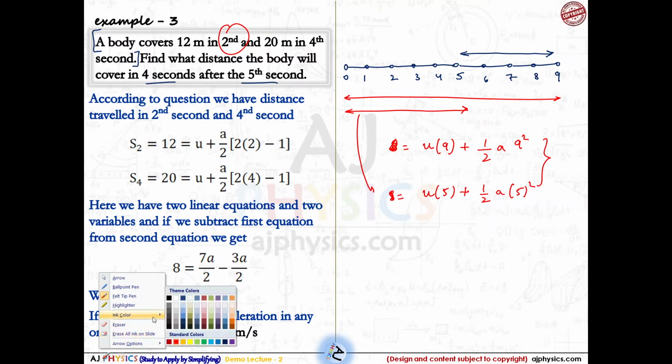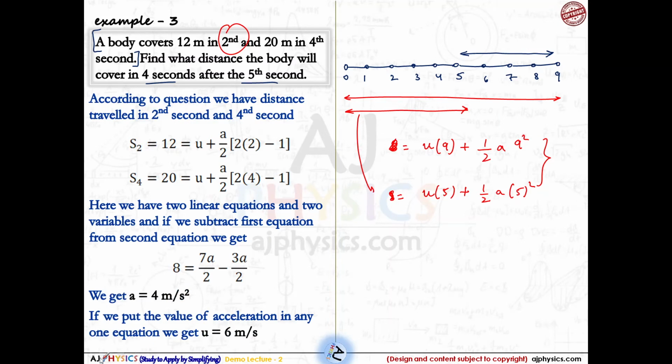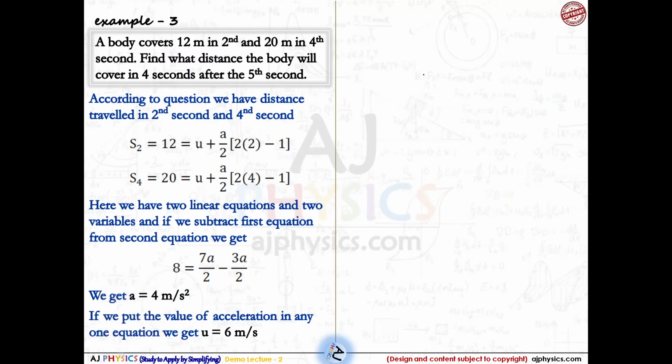Or otherwise I should tell you one more formula which will be helpful to you in the case of durations here. Like if this is the situation, this is time 0, this is t1 and this is t2.